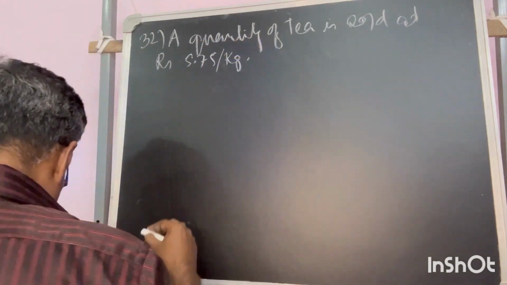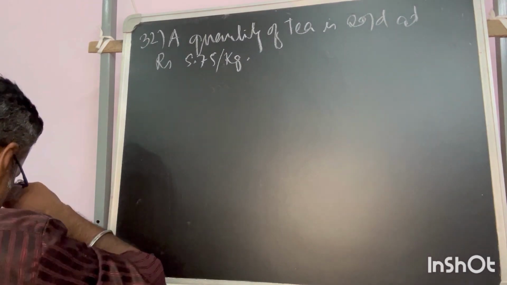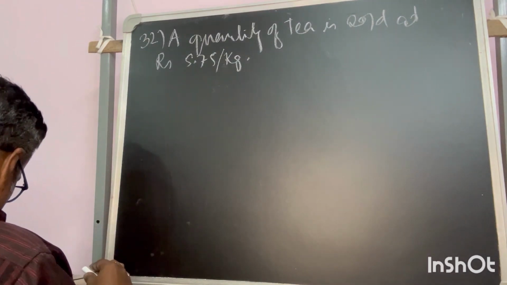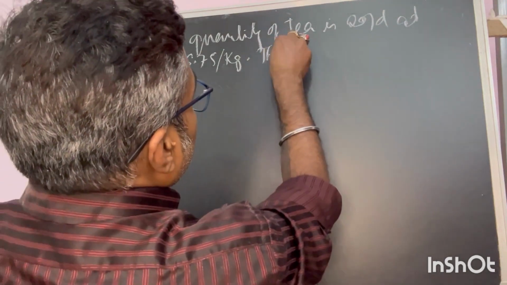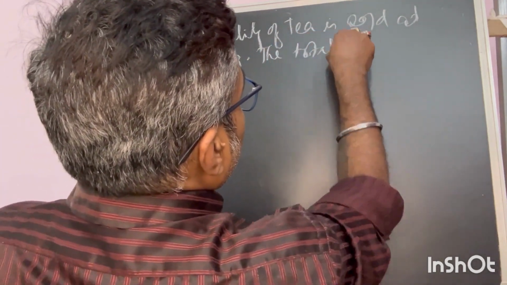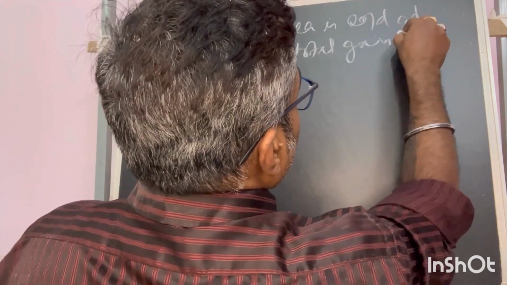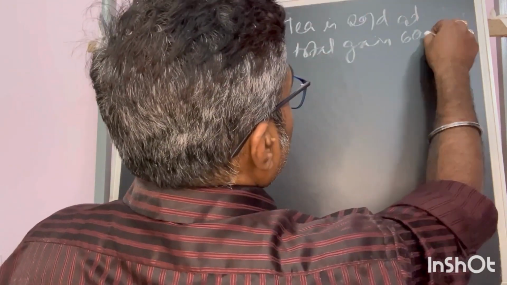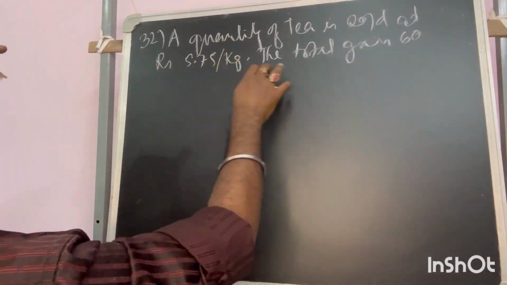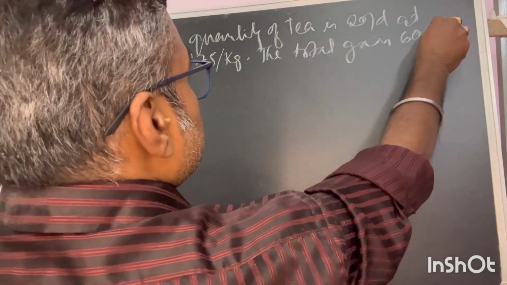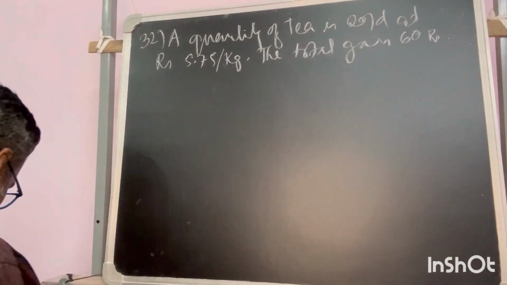The total gain by selling the tea at this rate is rupees 60. Once he is selling the tea at this rate, the total gain is 60 rupees.